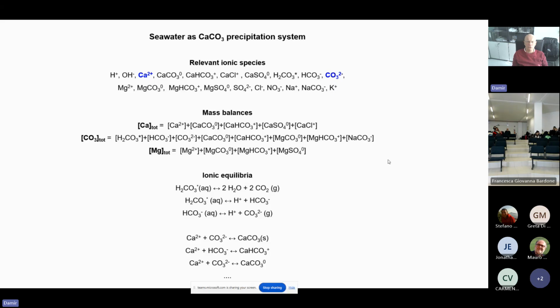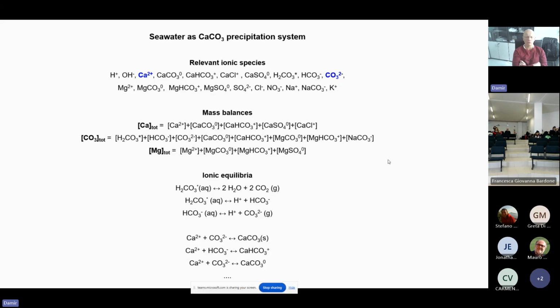We already mentioned that seawater is a calcium carbonate precipitating system, because seawater is supersaturated with respect to calcium carbonate. All calcium in seawater is present in the form of different ionic species.